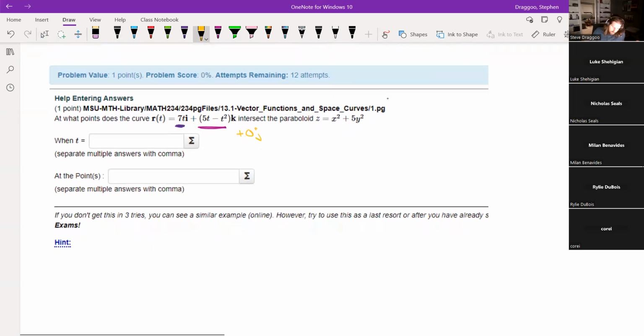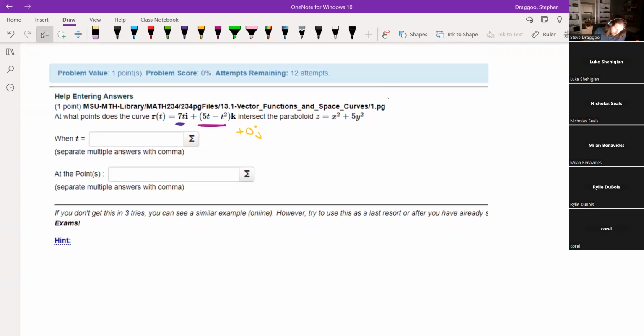So what I want to do is just plug each of those in for x, y, and z. Meaning I've got z, which is 5t minus t squared, is equal to x squared, which is 7t, plus y squared, where y is just 0.